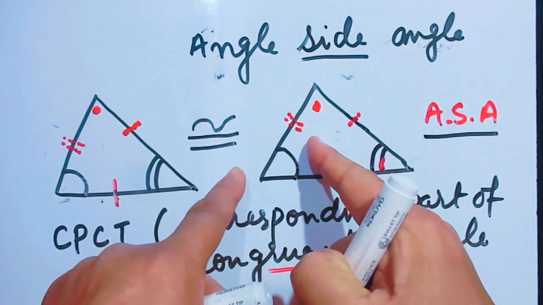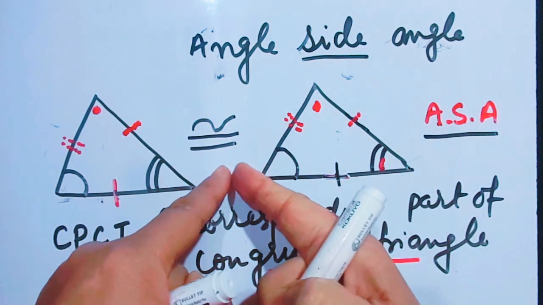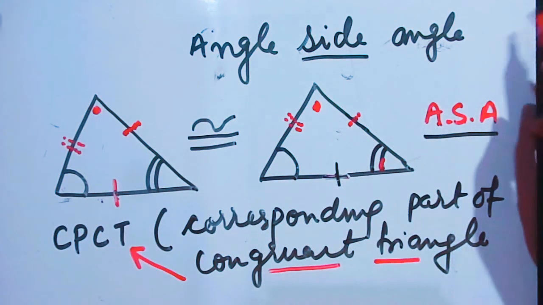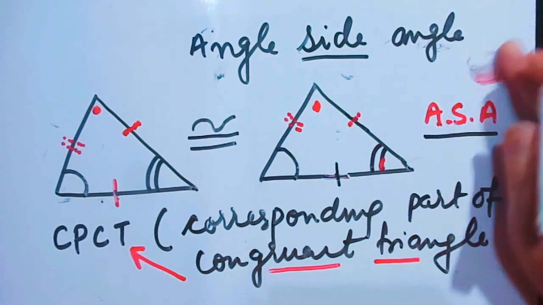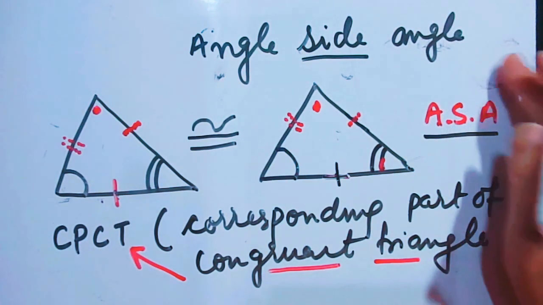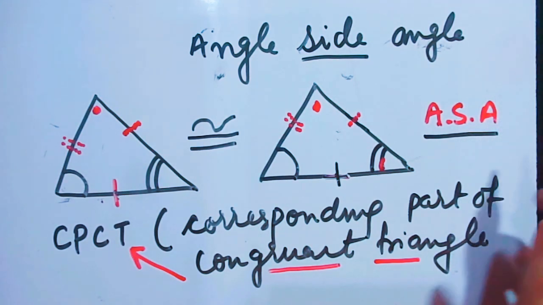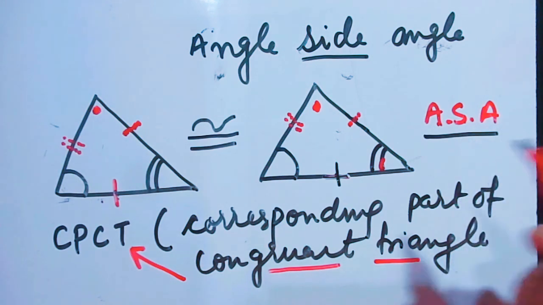Because the triangles are already congruent by angle, side, angle. And what does the word congruent mean? Equal in all respect. We had been given 6 data. But using a particular condition like side, angle, side, side, side, side, or angle, side, angle, if we use only 3 of them, the triangles will be congruent.